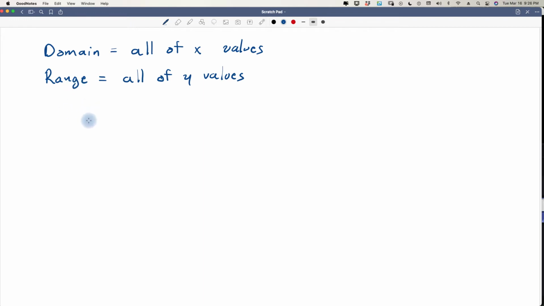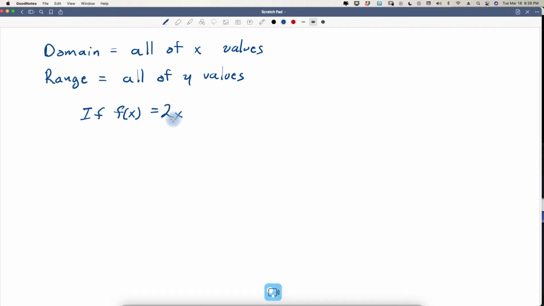Okay? For instance, we have if f of x equals 2x, find the domain and the range of function f. Okay, so we could put anything in there for x, couldn't we?